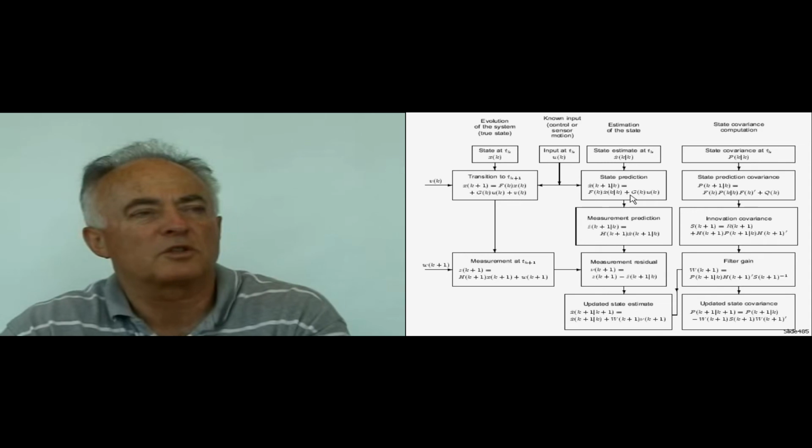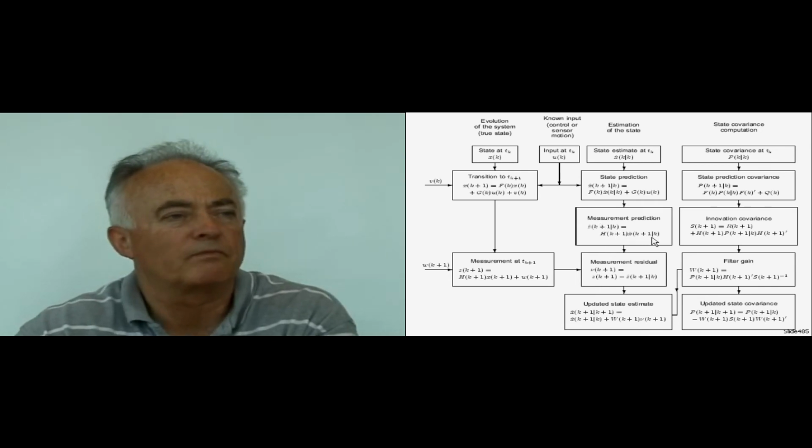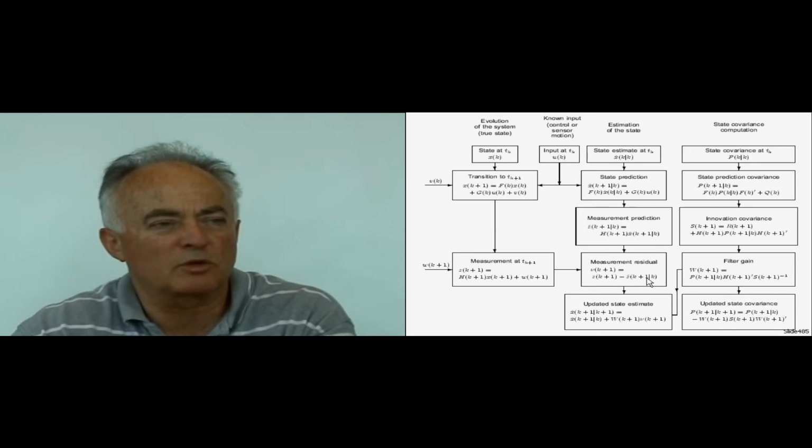Once the predicted state is calculated, we can go and calculate the predicted measurement. z hat k plus 1 given k is hk plus 1 x hat k plus 1 given k. Now we obtain the actual measurement, subtract from it the predicted measurement, so nu k plus 1, the residual or innovation, is the actual measurement, zk plus 1 minus our best prediction for it.